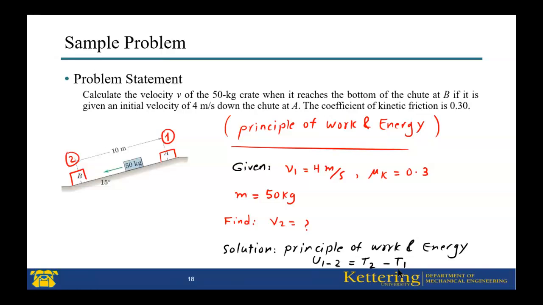To draw the external forces, I need to draw the free body diagram. If I draw the free body diagram, I can see what external forces are applied to the crate. Then I will start to find their work, then add them together, equal to T2 minus T1. And then I can find the velocity at state 2, or at position B.